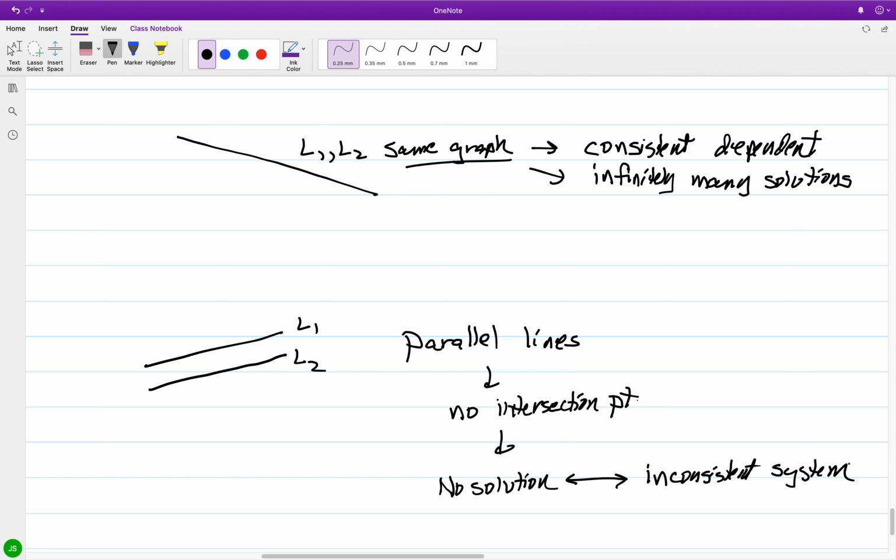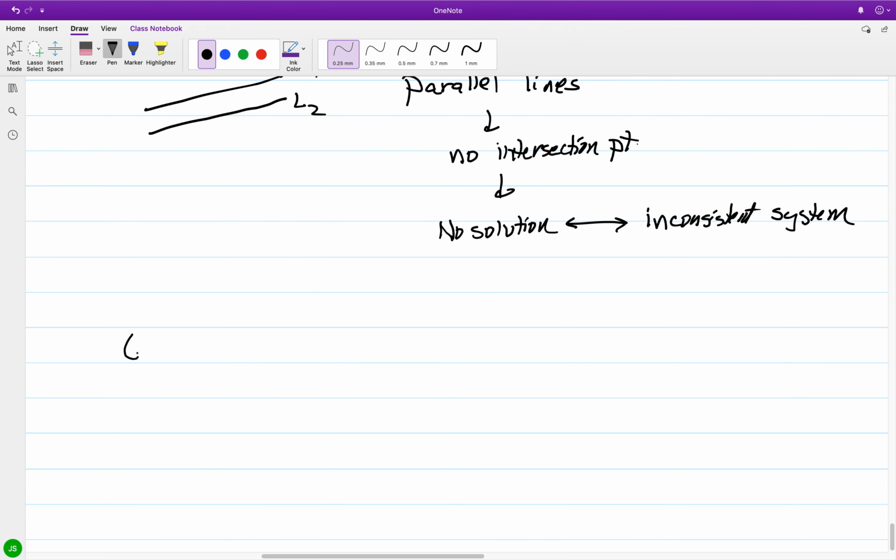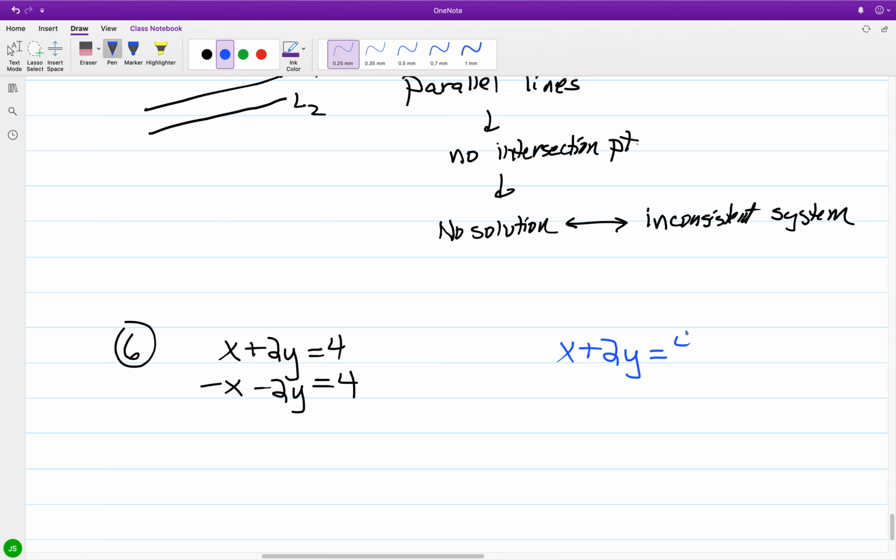Now, in the case of our two systems in problem 6, for the first system of equations, we have x plus 2y equal to 4, and negative x minus 2y equal to 4. For this system, we have additive inverses for the x and y terms.